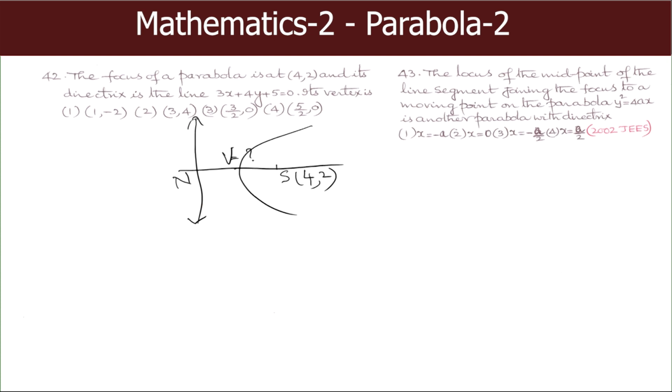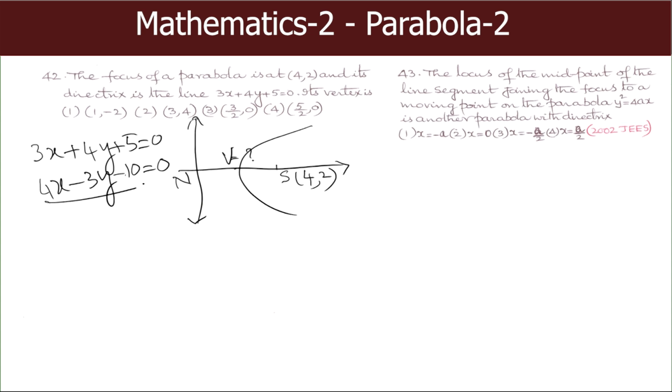N is the point of intersection of the axis and the directrix. Directrix is the line 3x plus 4y plus 5 equal to 0. The axis is perpendicular to the directrix. So, the equation of the axis is 4x minus 3y, and this passes through (4, 2). So, 4 into 4, 16, minus 6, 10.